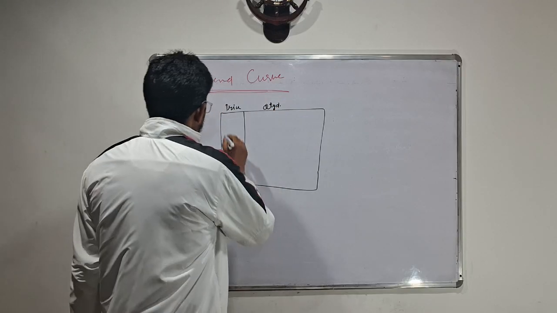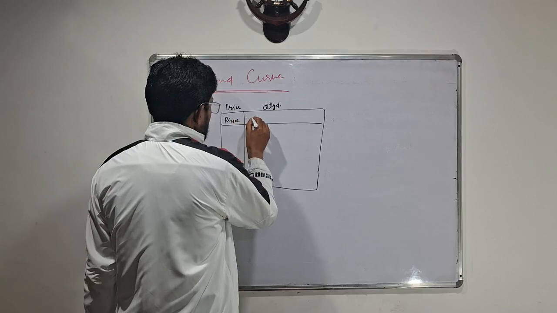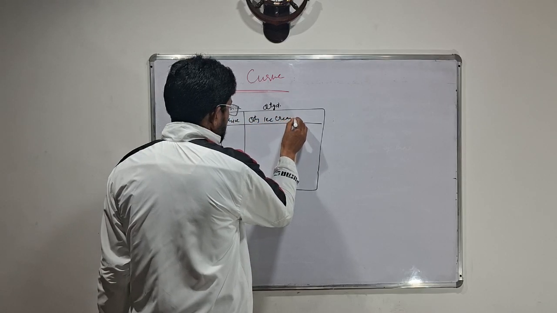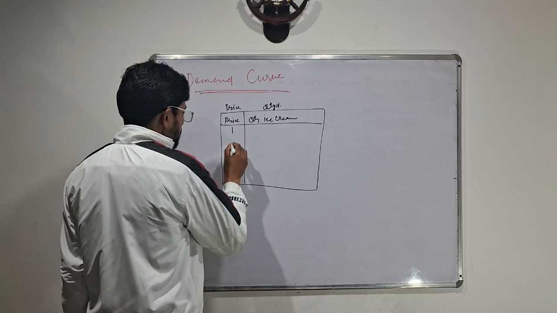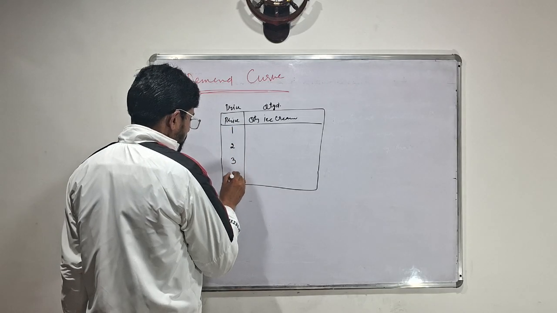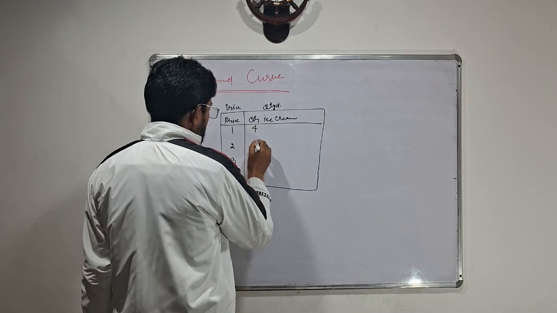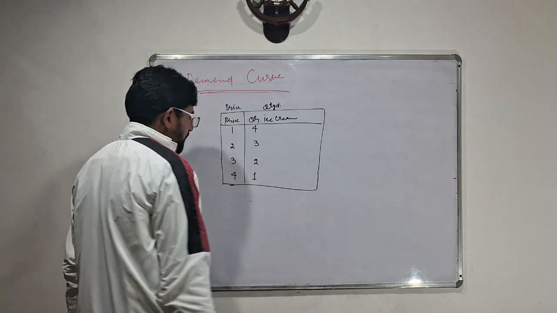As yesterday, I draw the schedule like price, and this is quantity of ice cream. Here I write 1, 2, 3, 4, and here I will write 4, 3, 2, 1.